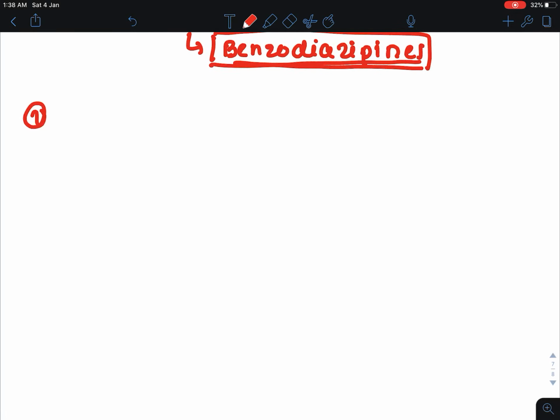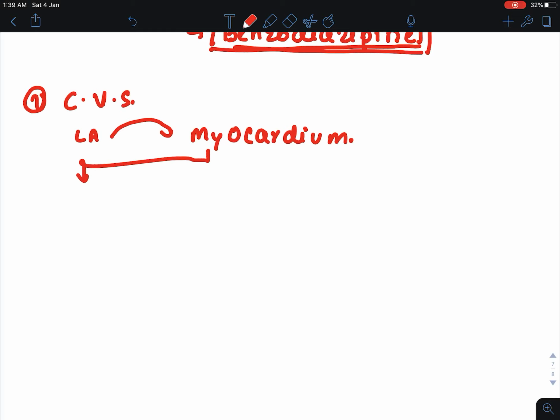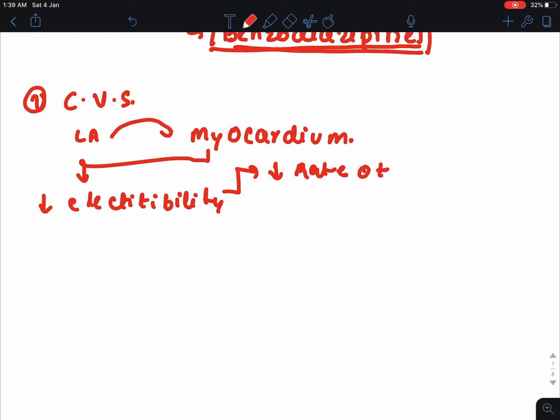Now we will see the side effects in the cardiovascular system. Local anesthetics act primarily on the myocardium. When they act on the myocardium, they decrease electrical excitability, therefore decreasing the rate of conduction.